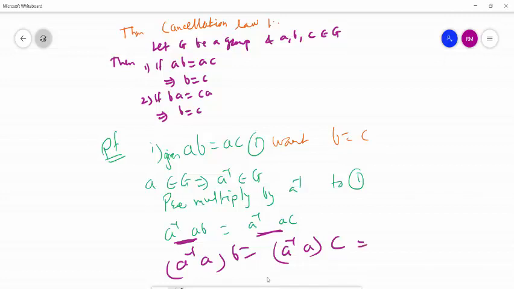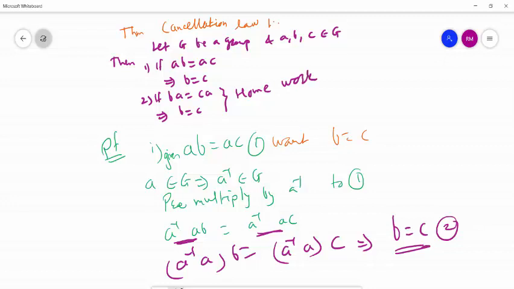So we can write b equals c. In this way we started from equation 1 and reached equation 2. Same thing we have to do for the second. That is a good exercise for you, you can say homework.